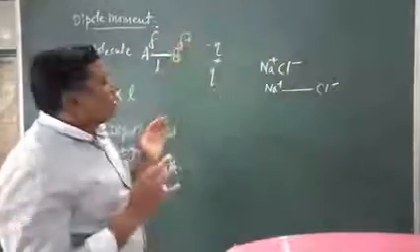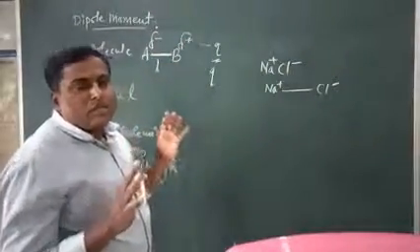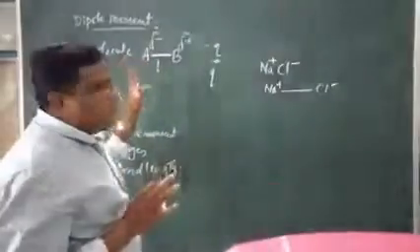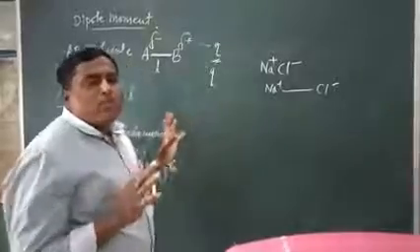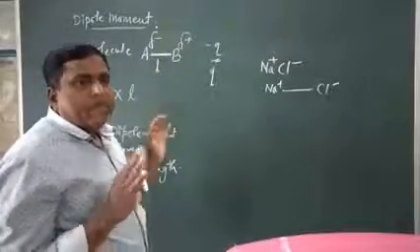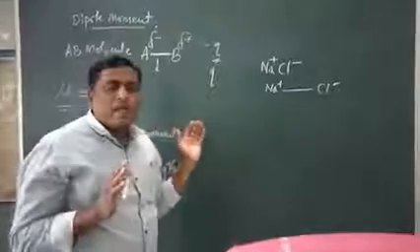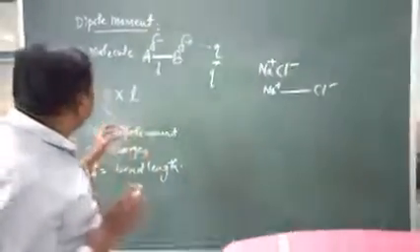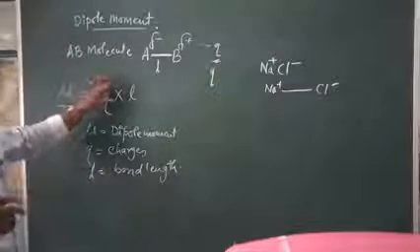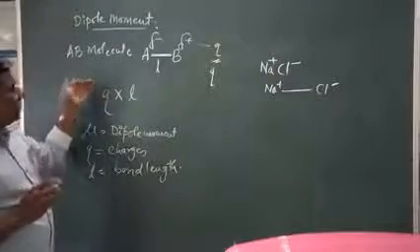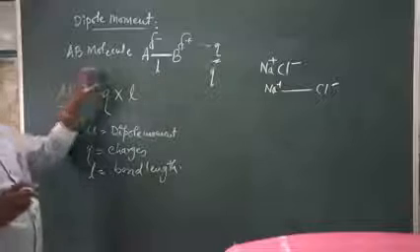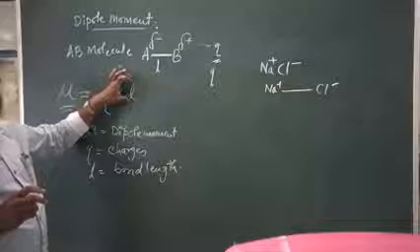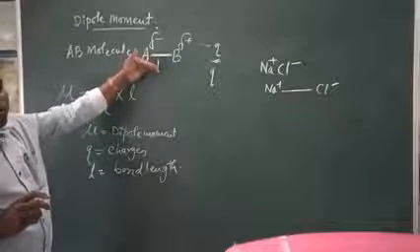When we consider the dipole moment for molecules containing an ionic bond, this is how the dipole moment can be calculated. It is defined by a mathematical equation: mu equal to Q into L. Here Q is the charges of the two atoms, and L is the distance, which is called the bond distance.